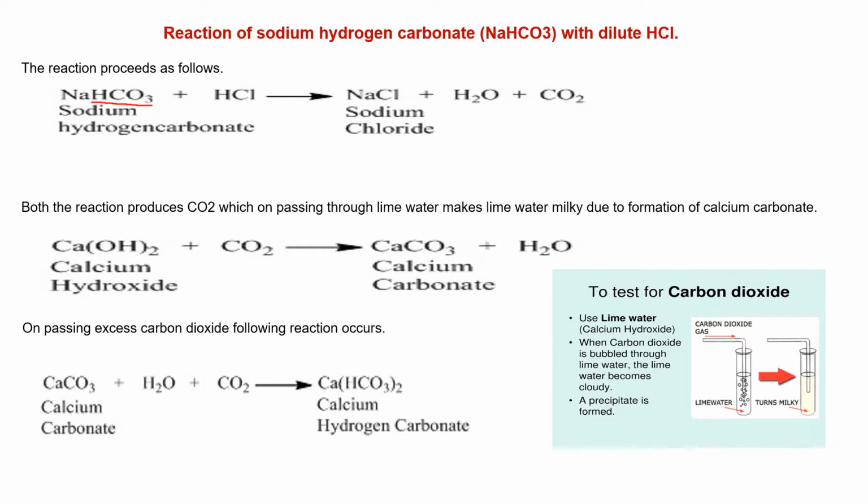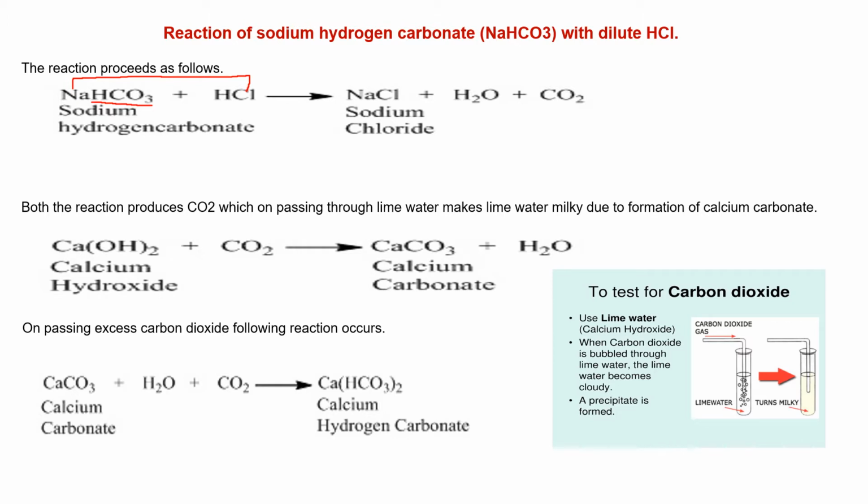Sodium bicarbonate plus HCl gives you NaCl as usual. Hydrogen will be removed, sodium will go and combine with chlorine. Sodium is positive, chlorine is negative. What happened to HCO3?